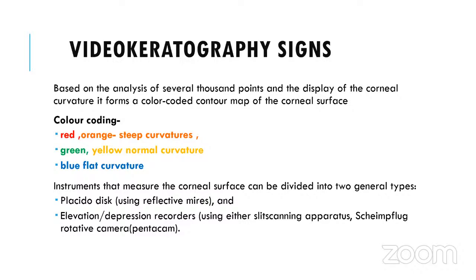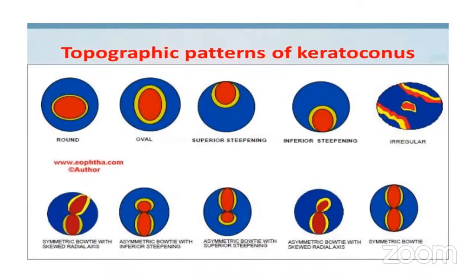Instruments that measure the corneal surface can be divided into two general types. The first is Placido disc based, using reflective mires, and the second is elevation or depression recorders using either a slit scanning apparatus or a Scheimpflug rotating camera, as in Pentacam. These are the topographic patterns of keratoconus. First is the round pattern.